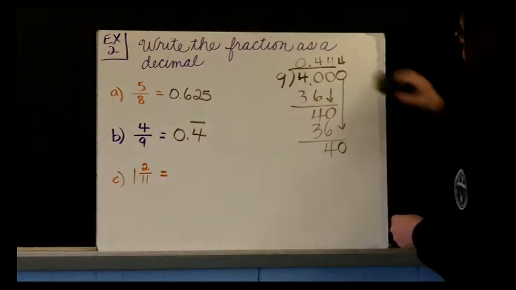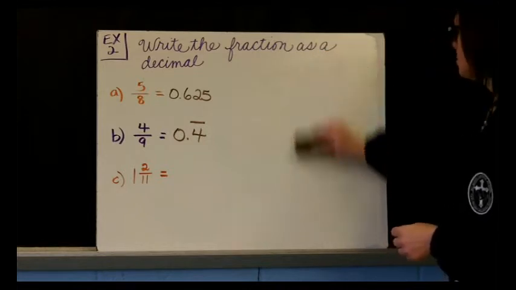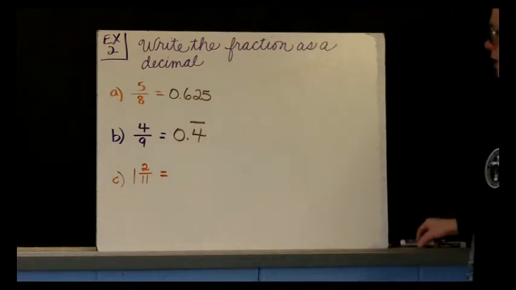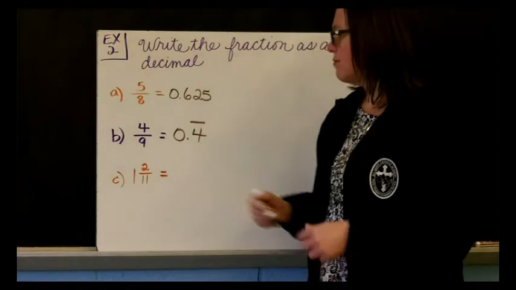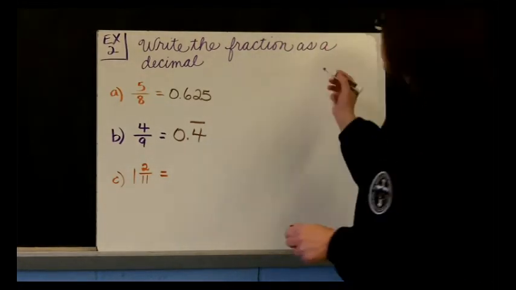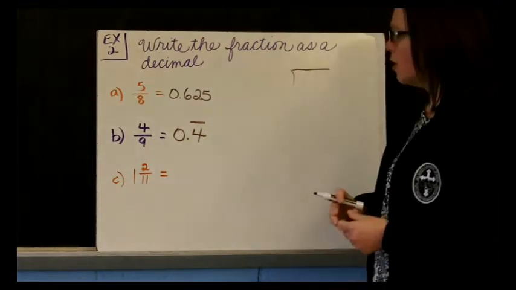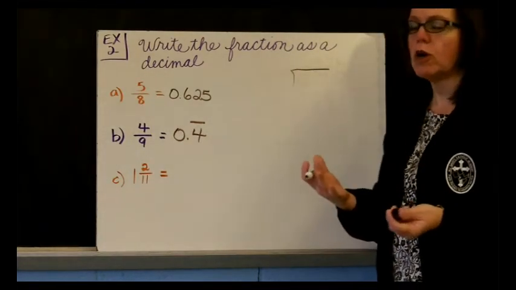And we're going to do just one more. Here we have 1 and 2 11ths. And most often, when you're working with mixed numbers, you will very often turn them into improper fractions before you work with them.